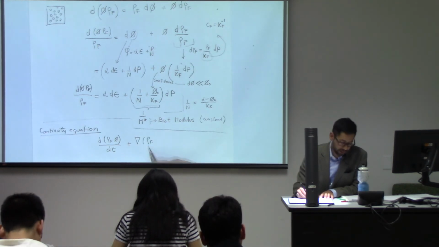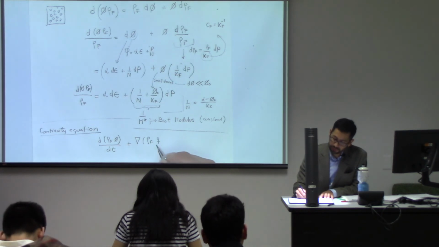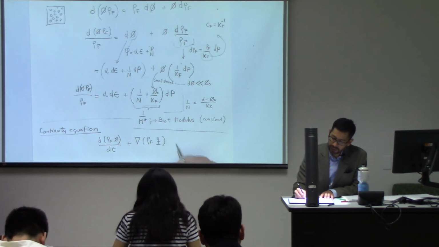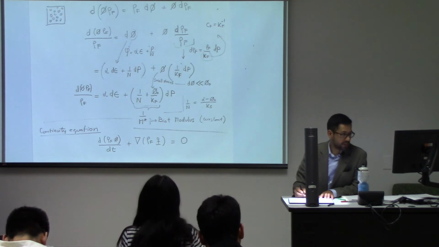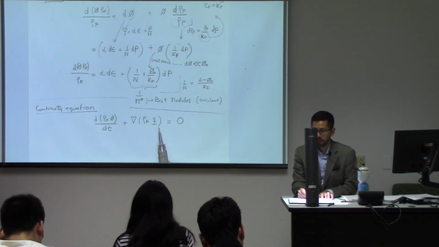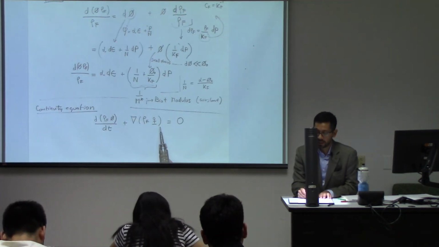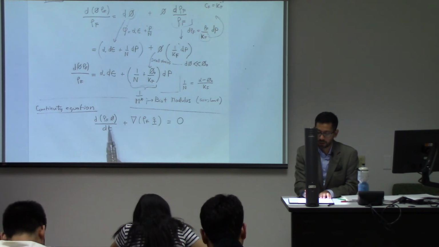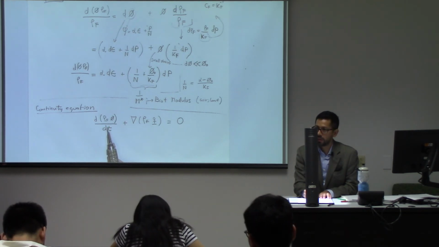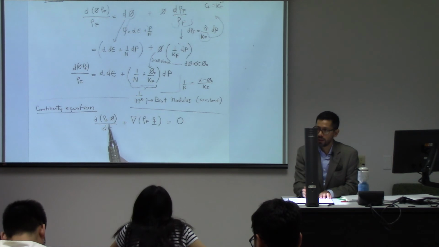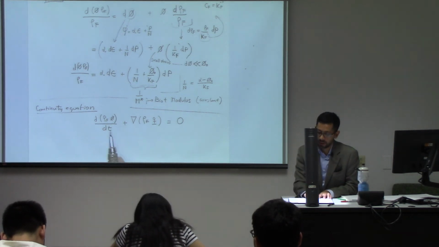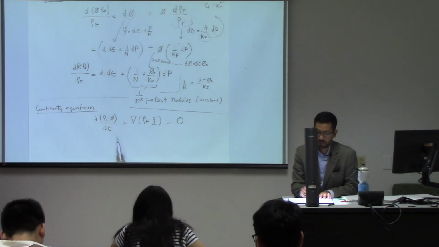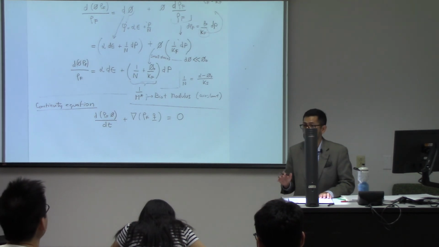And this is the divergence of the fluid flow. Basically, this term over here means that everything that gets in must get out, and if it doesn't get out, it has to be compensated by an increase of fluid density or increase of porosity inside a porous medium. This is a very important equation, guys.